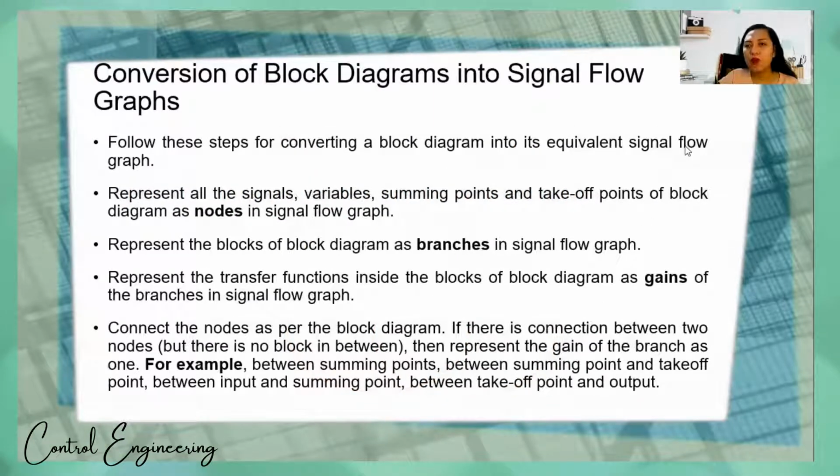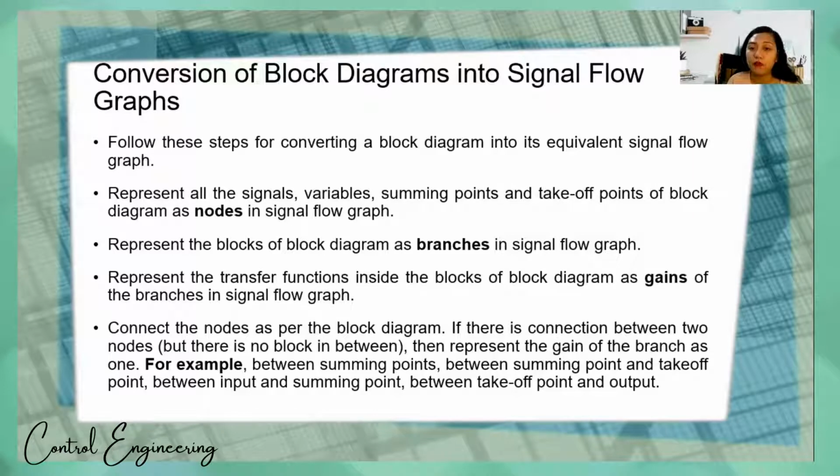Okay, so what are the conversions of block diagrams into the signal flow graph? Follow these steps for converting a block diagram to its equivalent signal flow graph. Represent all the signals, variables, summing points, and takeoff points of the block diagram as nodes in the signal flow graph. Represent the blocks of the block diagram as branches in the signal flow graph, and represent the transfer functions inside the blocks as gains of the branches.